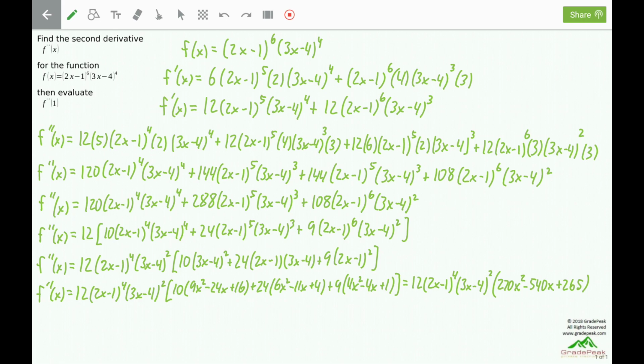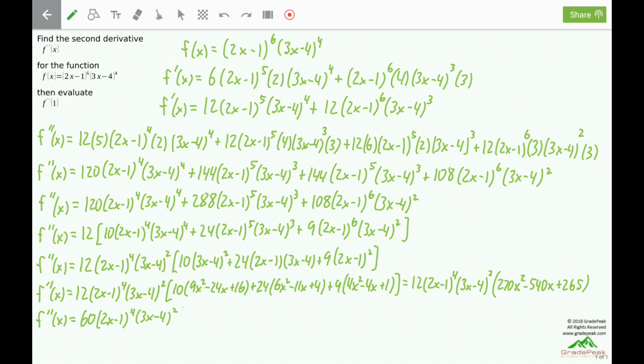Now it is possible to factor that a little further, because each of these numbers are divisible by a 5 here. So we can factor a 5 out, which will move out with the 12. So f double prime of x will be, factoring out 5, I will just call this 60, and then 2x minus 1 to the 4th, and 3x minus 4 squared.